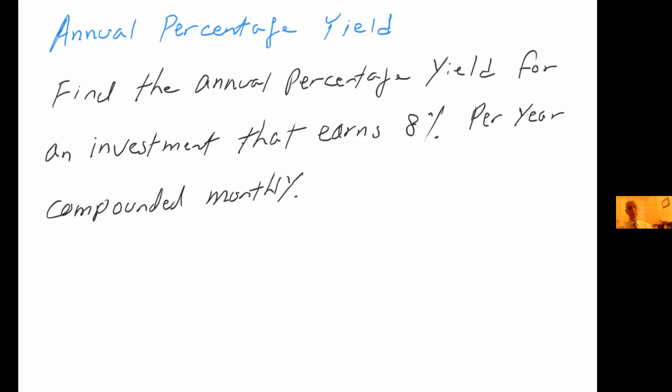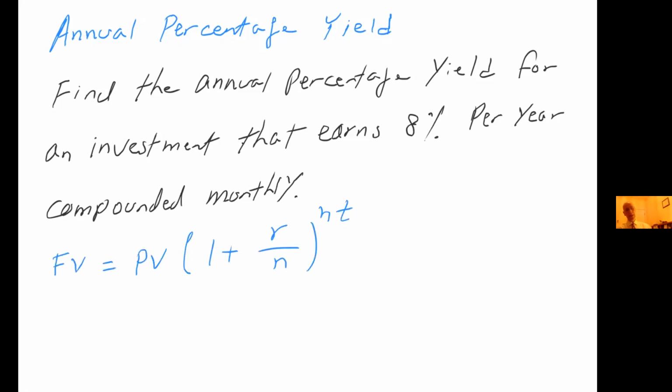Okay. So previously we learned that the future value of an investment equals the present value, however much you are investing, times 1 plus the rate divided by n, in this case 12, because it's monthly, to the power of n times t.